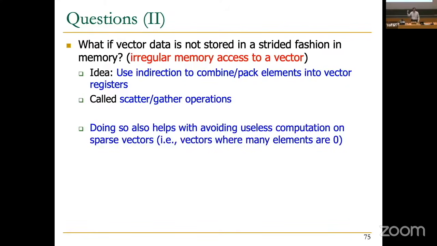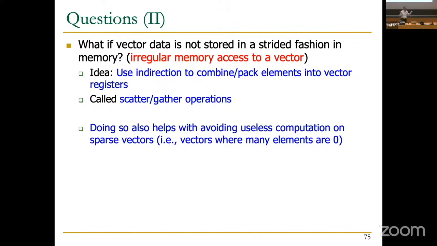Basically, this says that. Doing this also helps with avoiding useless computation on sparse vectors. Basically, if you have a vector with 1 billion elements, only 3 of them are non-zero. It doesn't make sense to go through all billion elements and do operations on 1 billion elements, right? Assuming that 0 doesn't contribute to your computation, which is not the case in most cases.